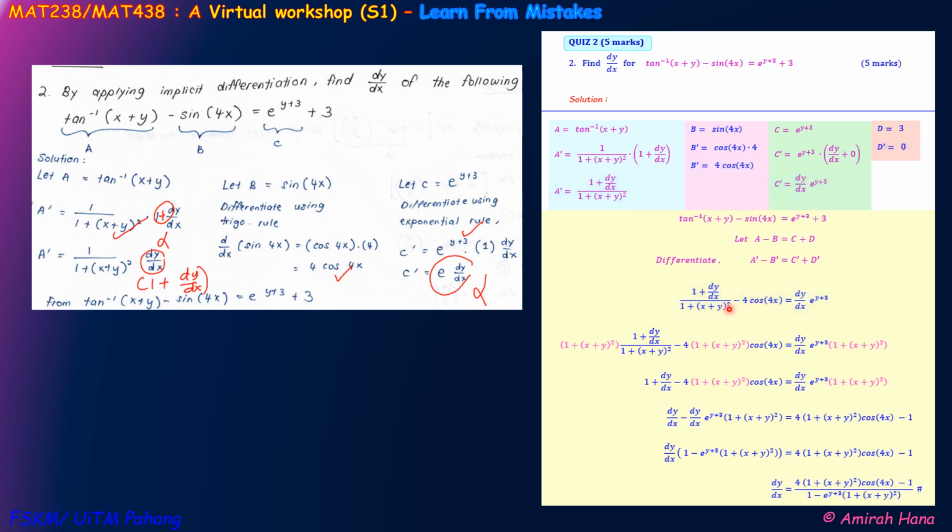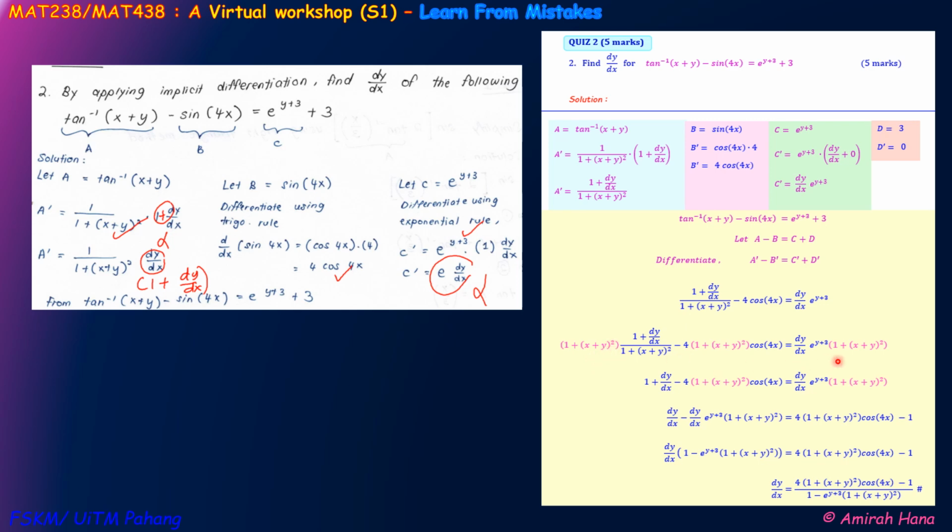Okay, sampai sini we have two terms containing dy over dx. Tapi kita nak single dy over dx, so we need to solve for dy over dx. So, how to solve for dy over dx? Mula-mula kita nak hilangkan dulu pecahan bawah ni, denominator bawah ni. So, we multiply each term by 1 plus x plus y bracket squared. Setiap term ni kita darabkan dengan 1 plus x plus y bracket squared.